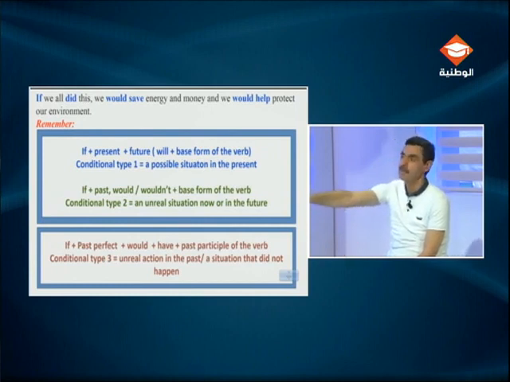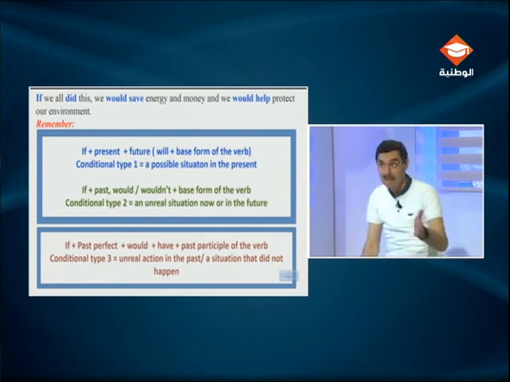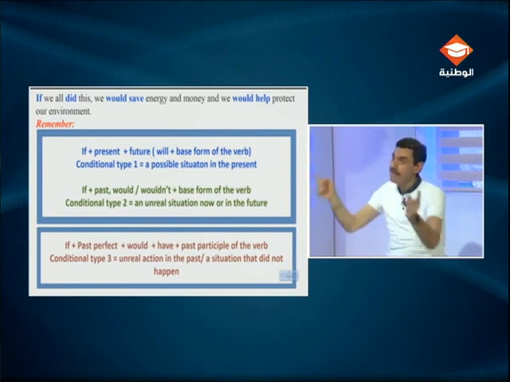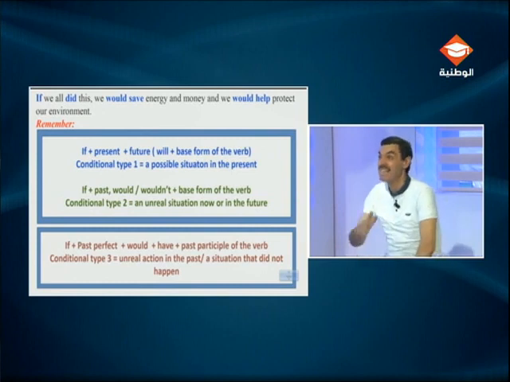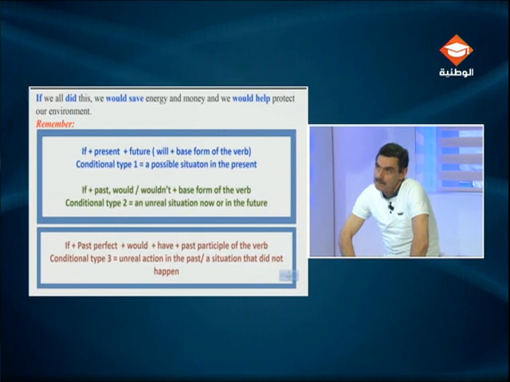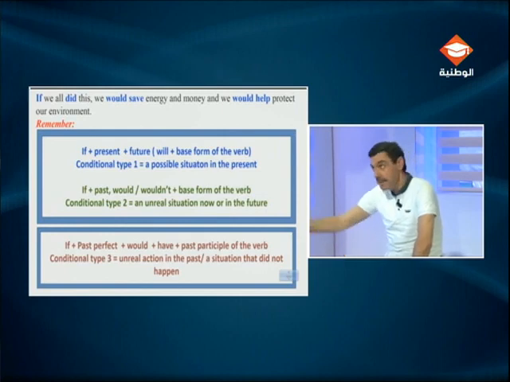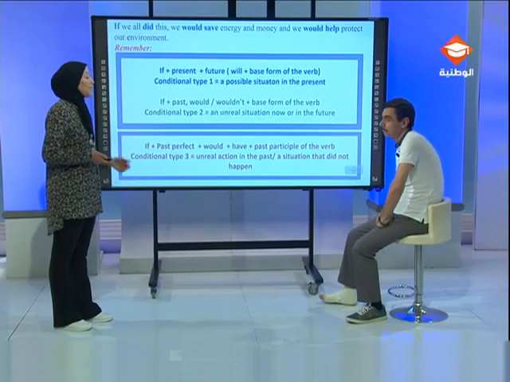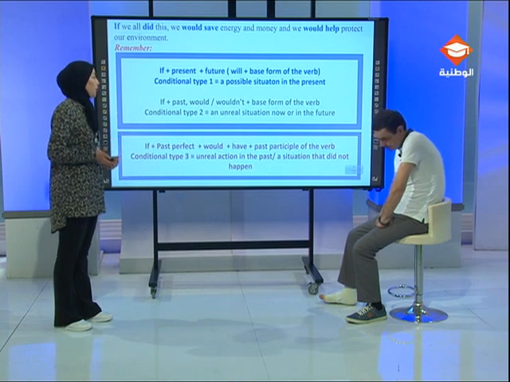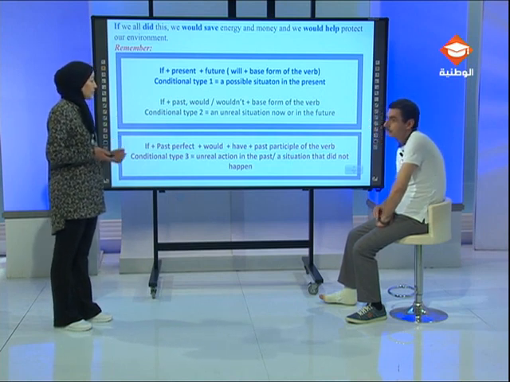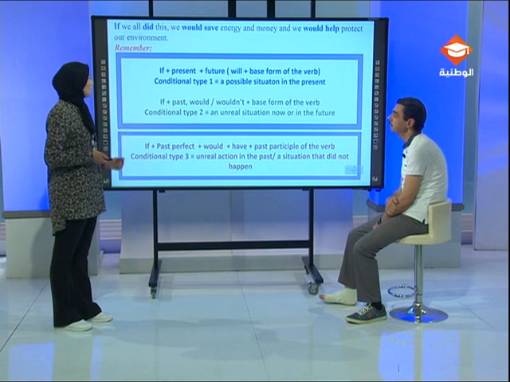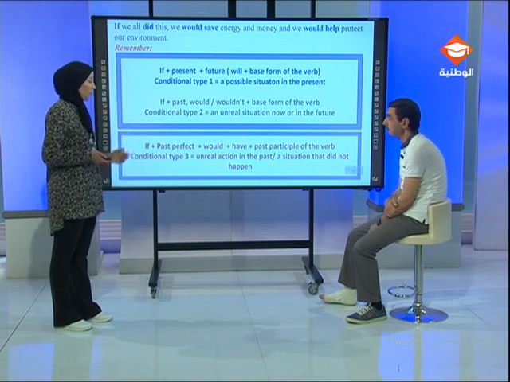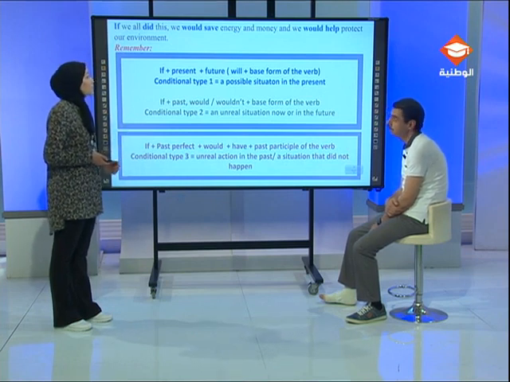No, I had in mind using the inversion. That is, instead of saying if I hadn't been ill, we can get rid of if and begin with hadn't I been ill? Yes, of course. Still, it's a reality in the past, something that did not take place in the past. We may regret it, or it just didn't happen. So these are our three types of conditional.